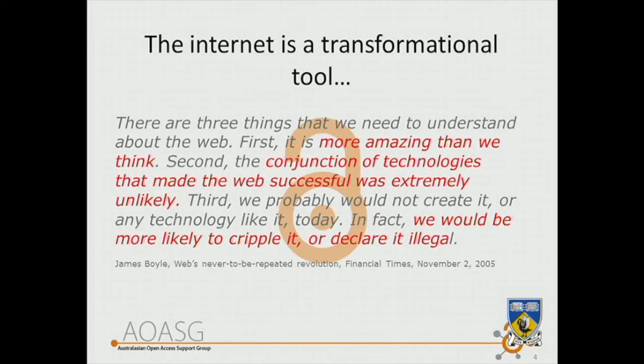James Boyle, who wrote this, has done a huge amount of thinking on the web and the future of it. He makes the point that if we were to invent the internet right now, we wouldn't understand the possibilities, and we'd probably do things that would put boundaries around it and make it not as useful as it could be.